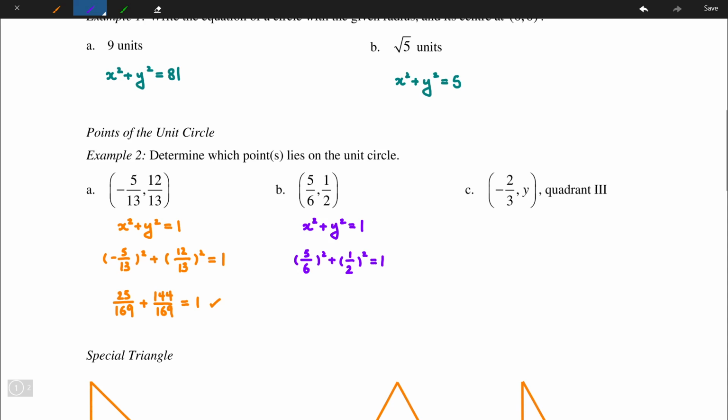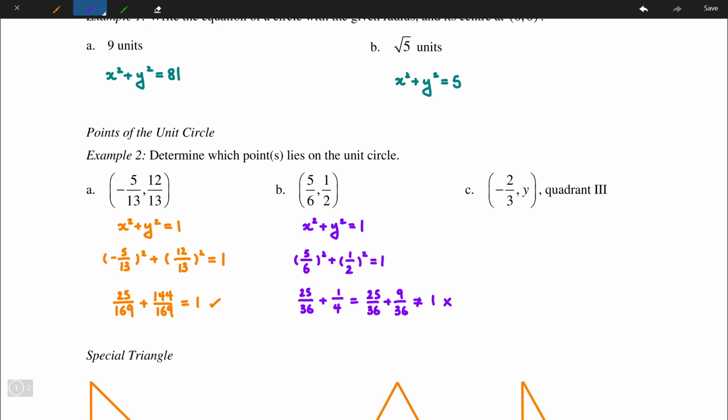And we can see that this is not going to be equal to 1, since we have 25 over 36 plus 1/4. If we write this under a common denominator, this will be 25 over 36 plus 9 over 36, which we know is not equal to 1. So this point is not on the unit circle. That's a no.